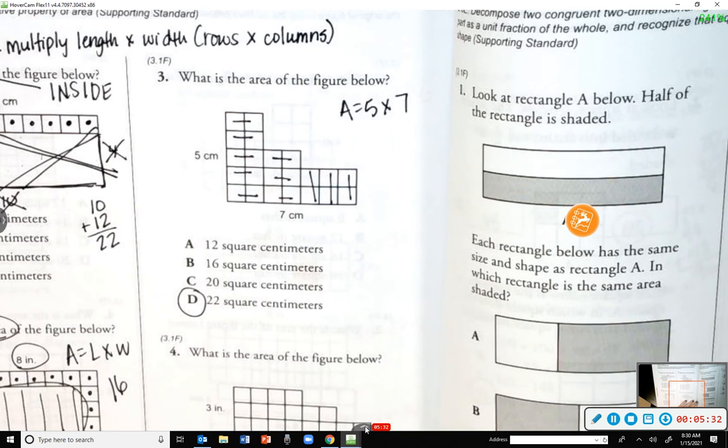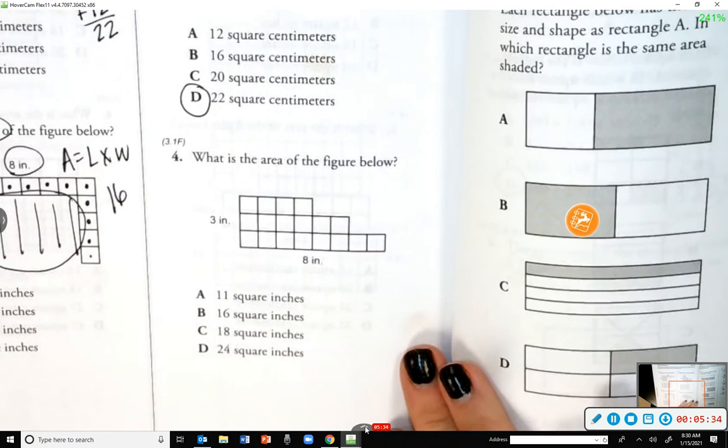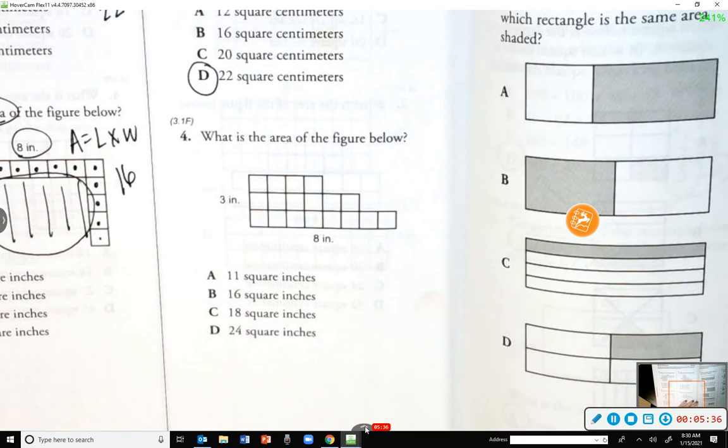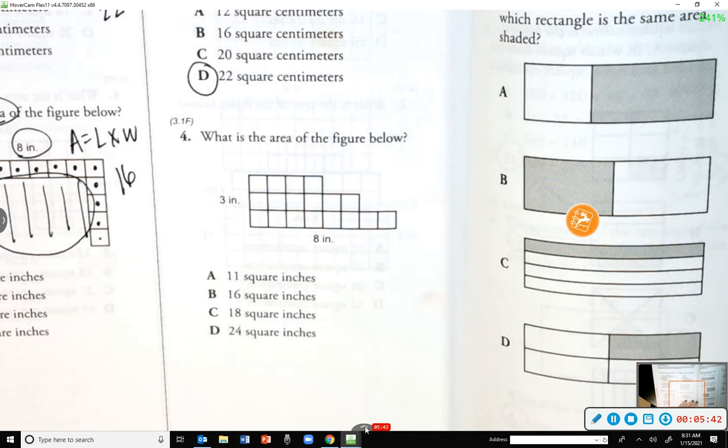Okay. Last one. What is the area of the figure below? What do we need to do, Bryson? You need to add the sides. Or not add the sides. Count the blocks. Thank you.